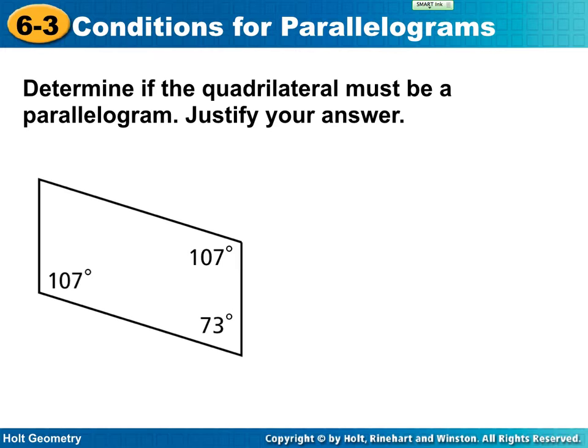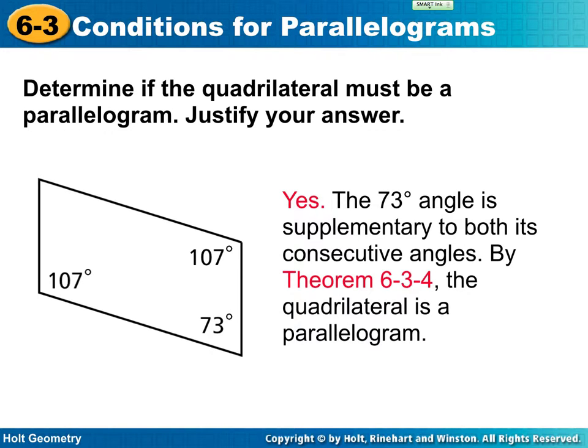So then would 6.3.4 work? 6.3.4. If an angle of the quadrilateral is supplementary to both consecutive angles, so if I start with the 73 and this 107 are supplements, and then if I go the other way, they're supplements, so yes, that would be the correct one, based on what's there. So yes, it's a parallelogram, 6.3.4 is the correct one.